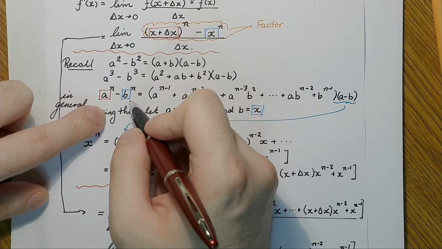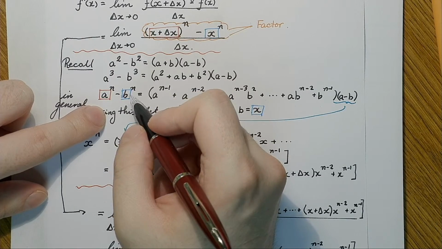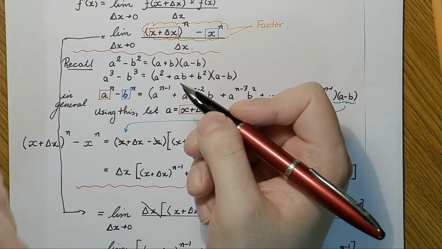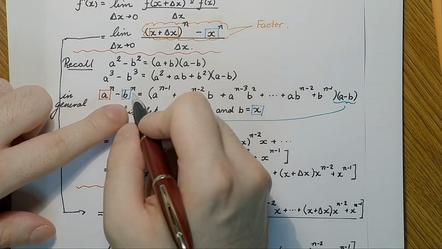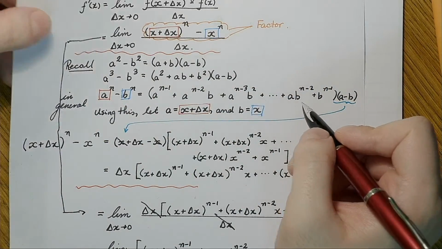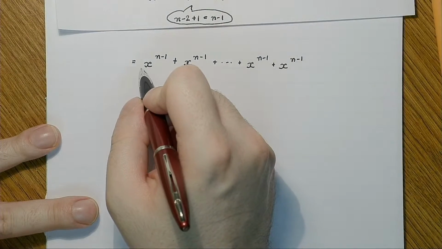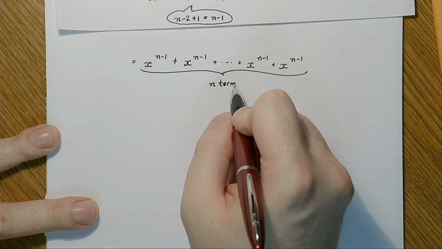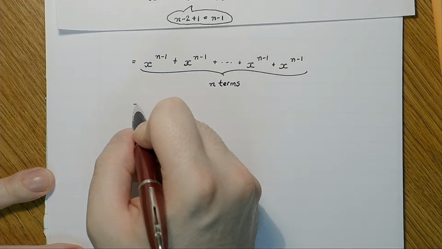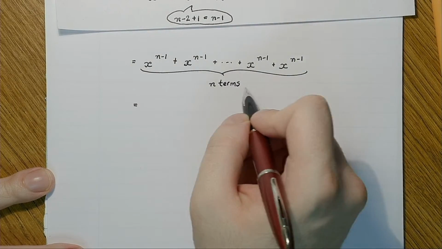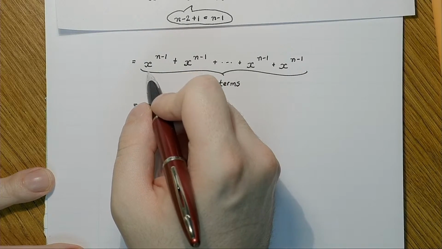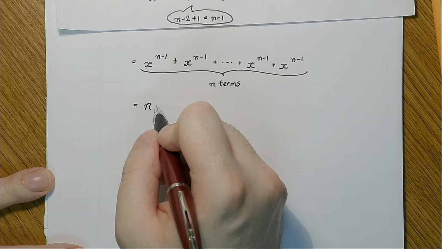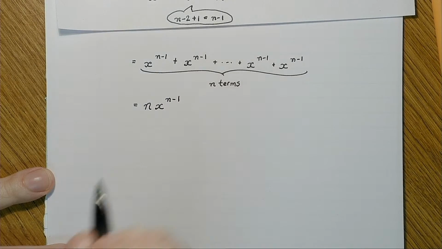If we have a binomial to the exponent n, then we'll have n terms. So that means we have n of these x to the n minus 1. So it becomes n times x to the n minus 1.